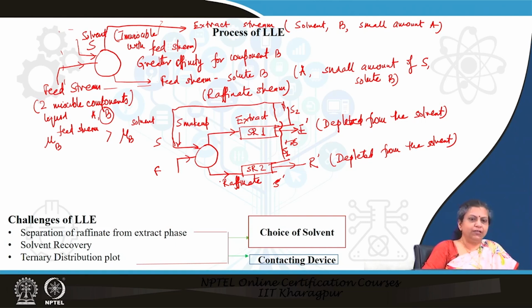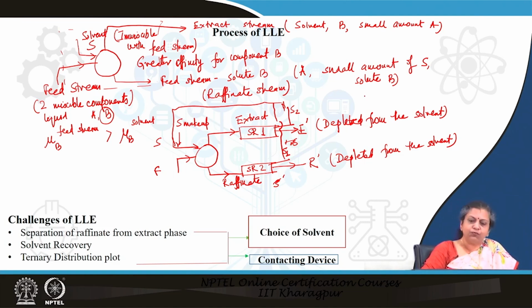In case of liquid-liquid extraction, as I have shown here, it is very difficult to get two liquids which are completely immiscible with one another. Even if small, there will be some limited miscibility of the solvent and the feed liquid. As a result, in the extract stream also there will be a small amount of feed liquid, and in the feed stream also there will be a small amount of solvent liquid.